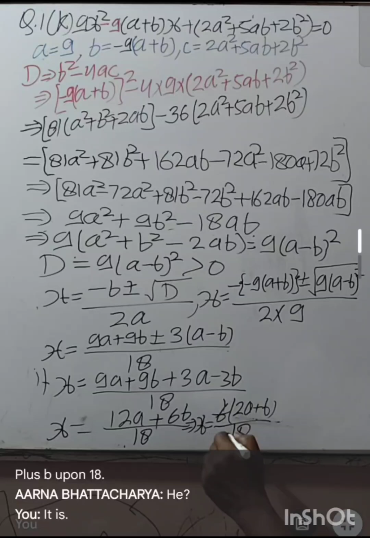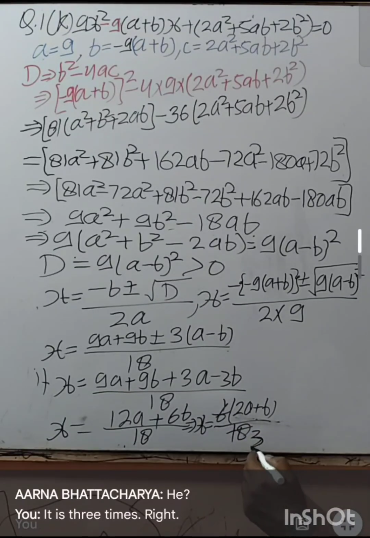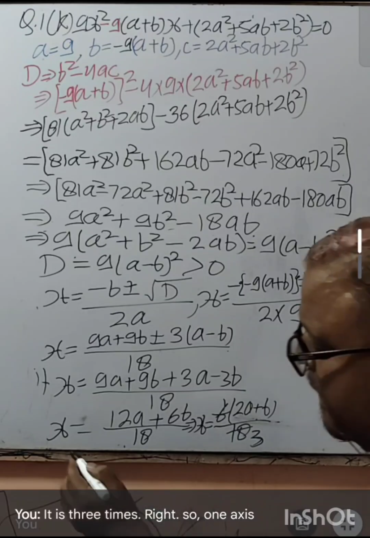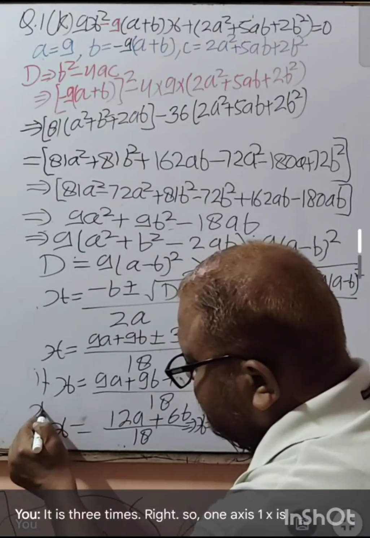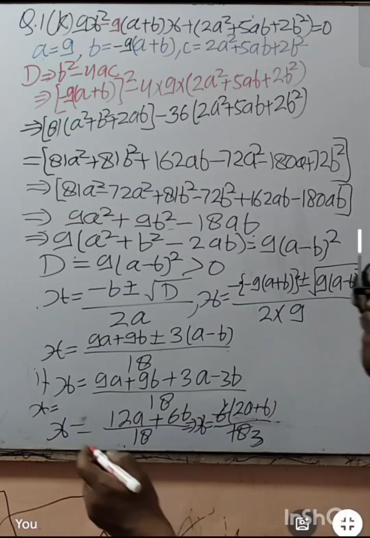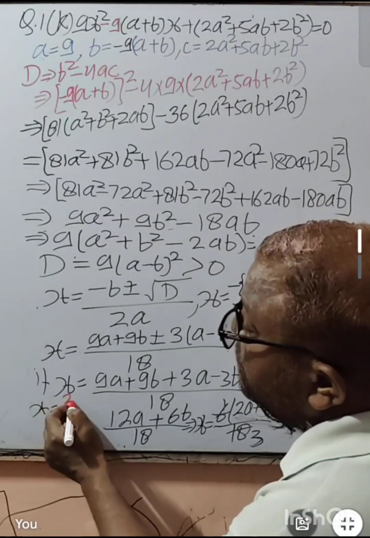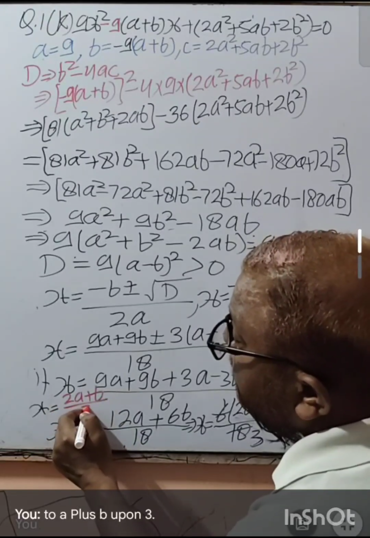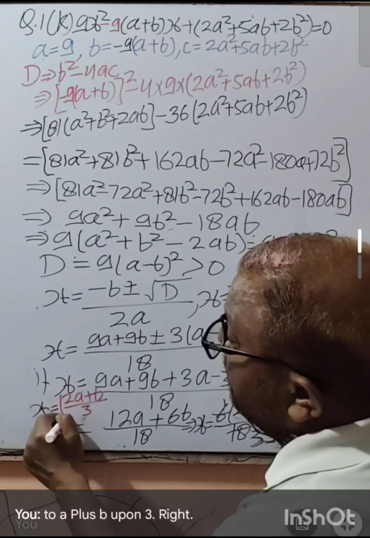It is 3 times, right? So one x is (2a plus b) upon 3, right?